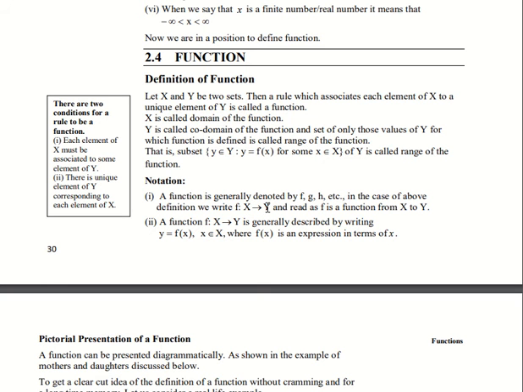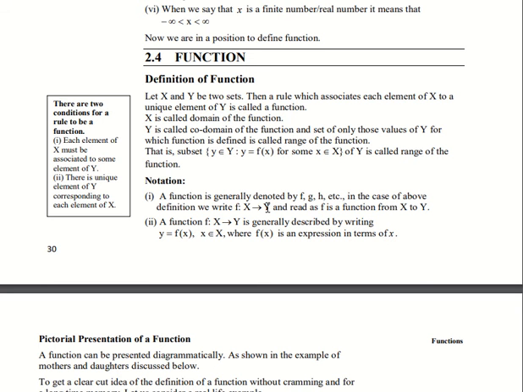So generally, f is a function from X to Y. Y is called the image of X and X is called the pre-image of Y, or Y is called the dependent variable and X is called the independent variable.